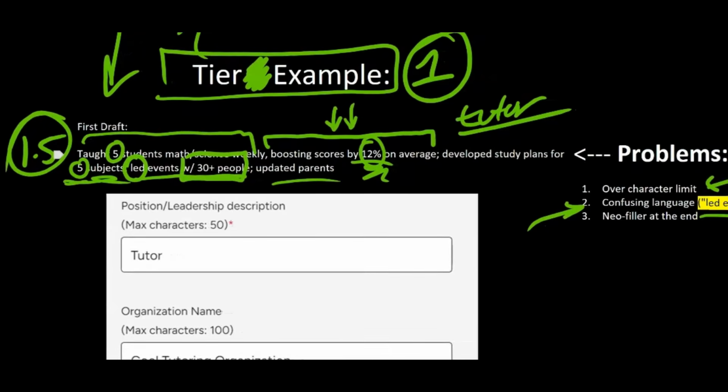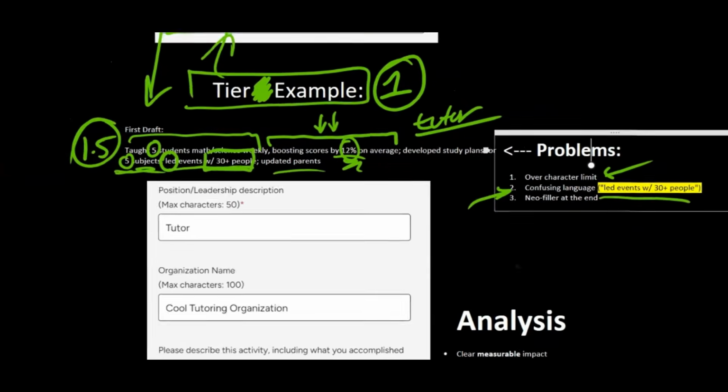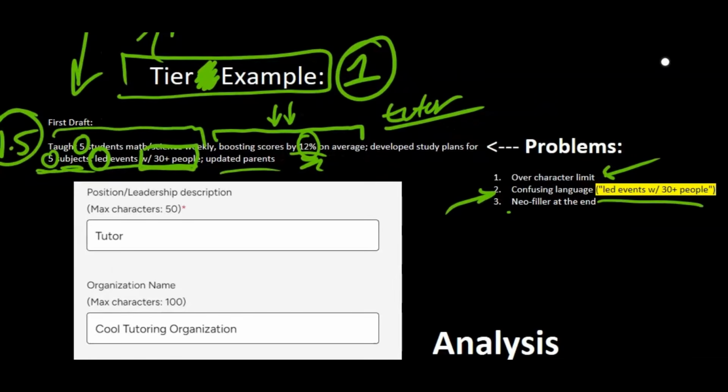So now there's confusing language. You don't want admissions officers to have doubts about what you're actually saying. You need to keep it concise as well as impactful at the same time.